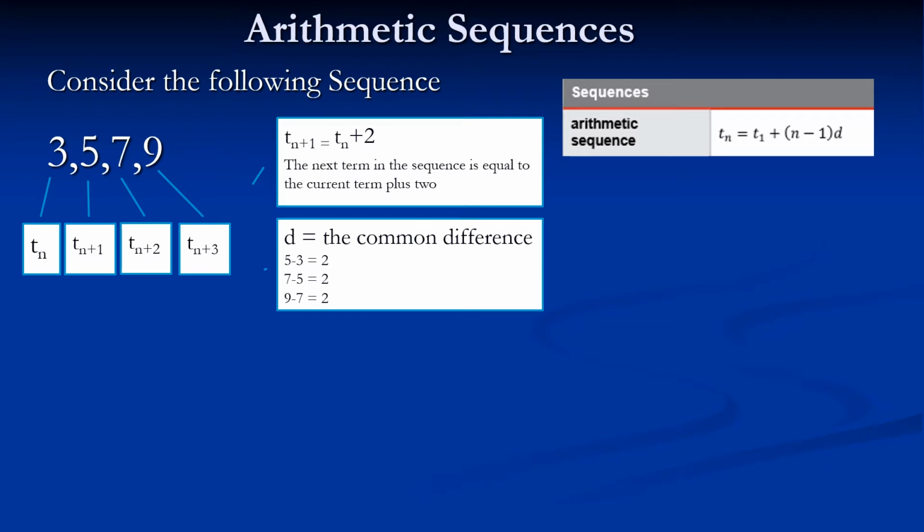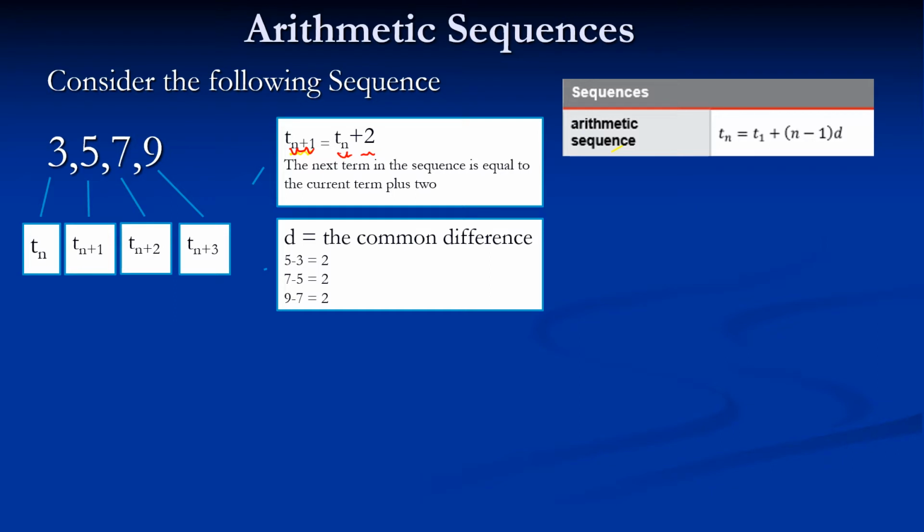We also come across this arithmetic sequence formula from our formula book, so you'll get this one in your exam situation.